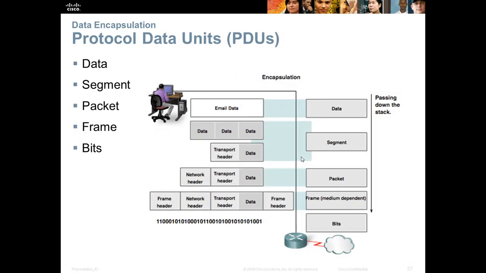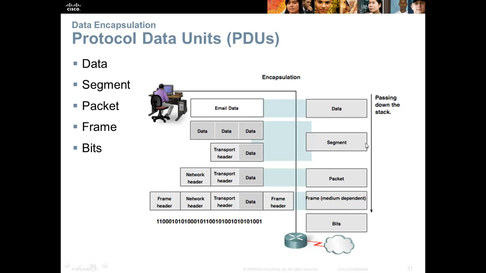When we work our way down the OSI model, we're working with different protocol data units. Essentially what we're doing is breaking up our data into different parts. At the very top, we have the whole of our data. Maybe this is an email message. When we break up that email message, we work with a segment, and the segment takes place at the transport layer.